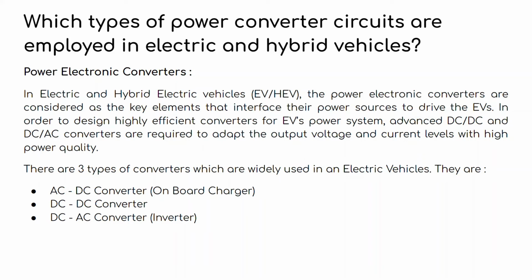In electric and hybrid electric vehicles, the power electronic converters are considered the key elements that interface their power sources to drive the EVs. In order to design highly efficient converters for the EV power system, advanced DC-DC and DC-AC converters are required to adapt the output voltage and current levels with high power quality.